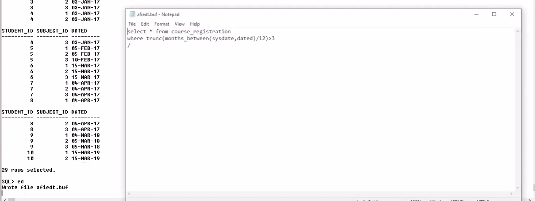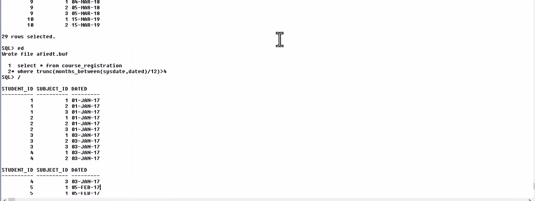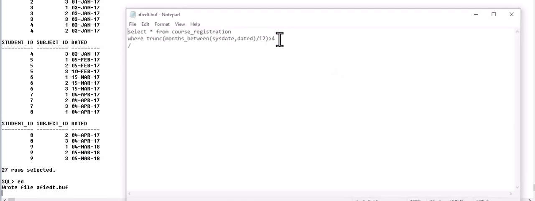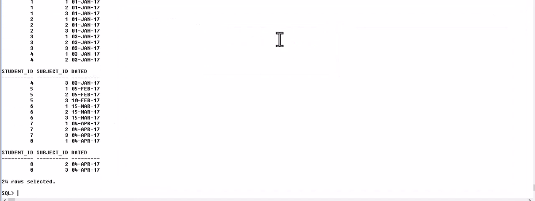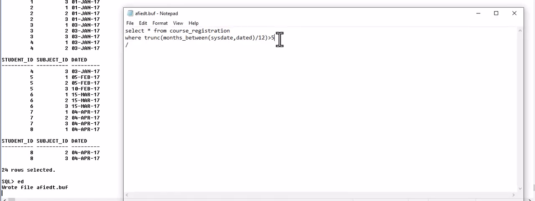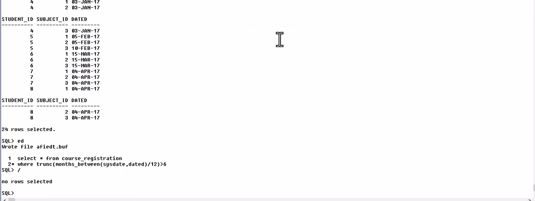Now if we write 4 here, it will narrow down further. If we write 5 here, and if we write 6 here, no rows selected.